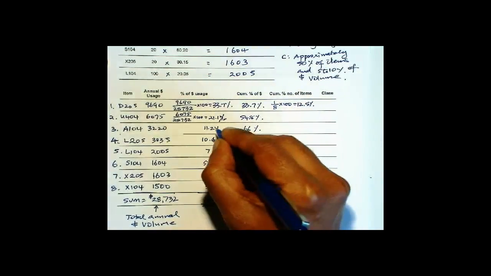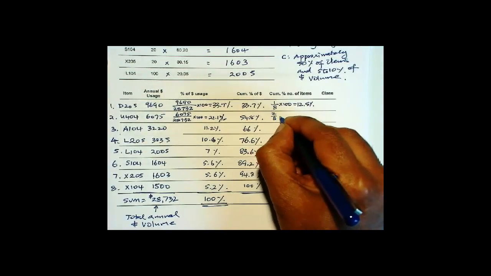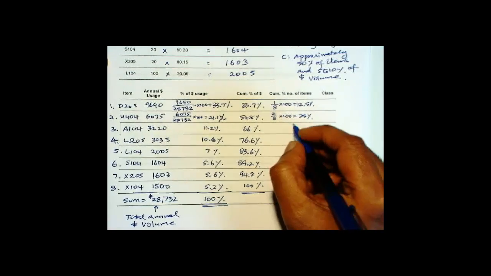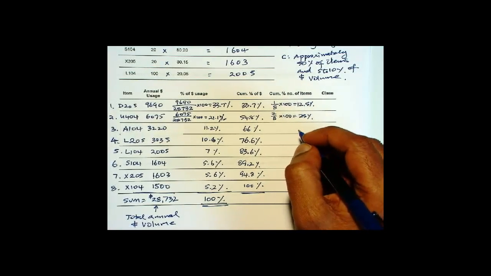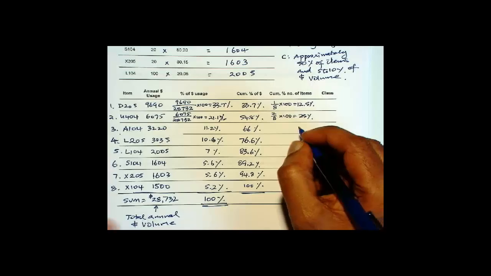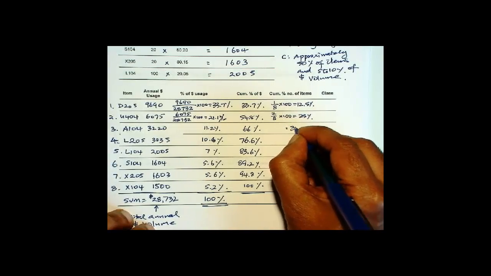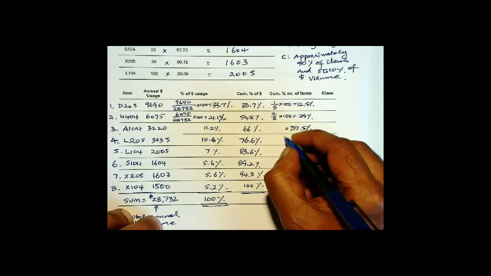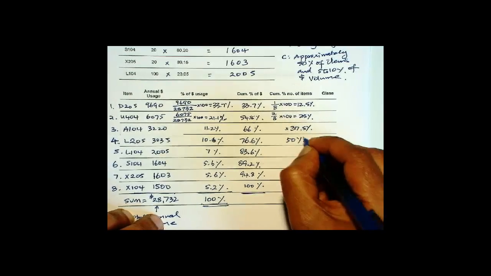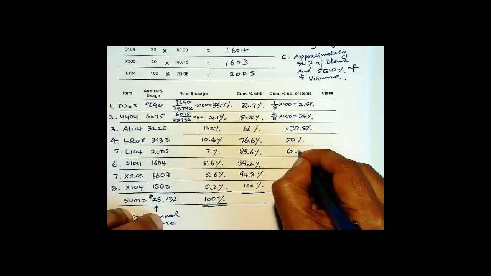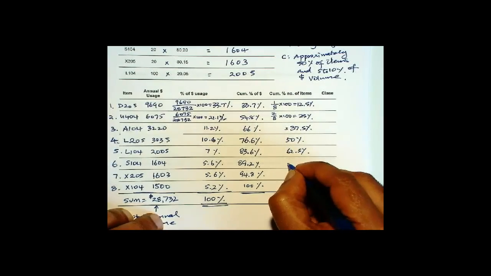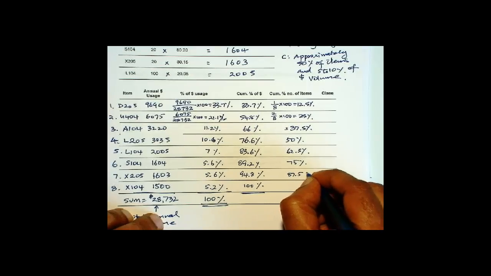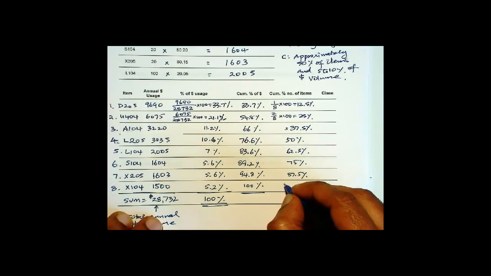And then 2 over 8 will give you 25%, and you do the same thing, so you get 37.5%. So this is 50%, 62.5%, 75%, 87.5%, and 100%.